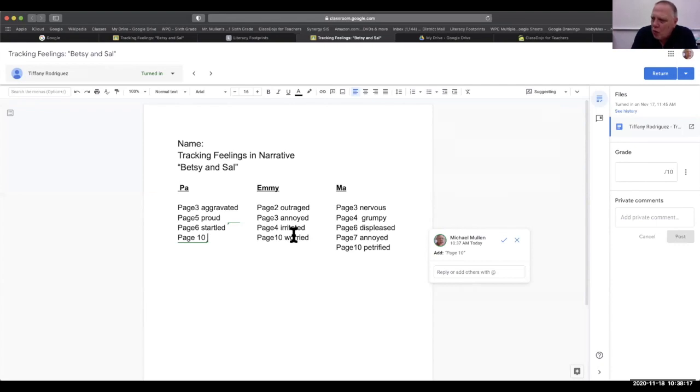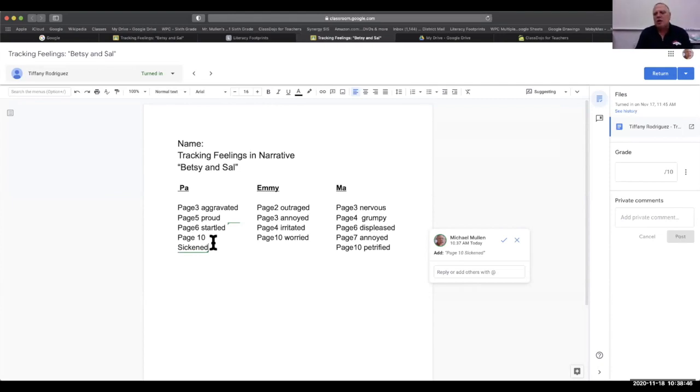You have these emotions that happen at the end, because what's happening at the end, right? They're worried about Rose, baby Rose. Papa is, I think if you were to say how he feels, he might even say he feels sickened, in page 10, because of what he was trying to get the horses to do, right?